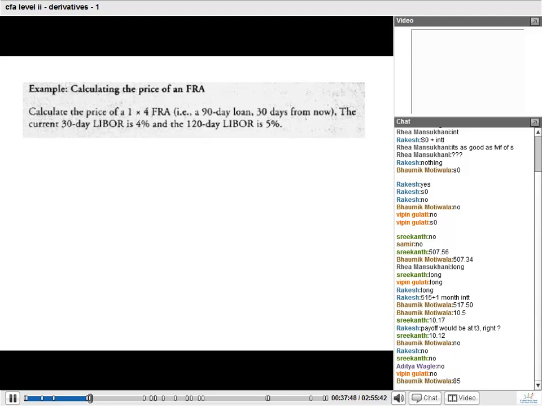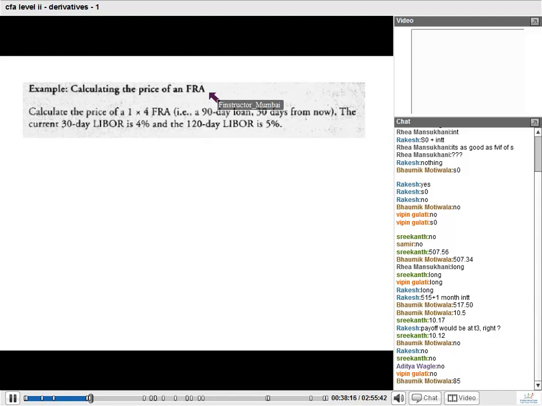Just like you had forwards on stocks, bonds, you can have forwards on interest rates as well. So interest rate forwards are called forward rate agreement. So if you recall, a forward rate agreement is an agreement to lend money and for the other counterparty to borrow money at a pre-decided rate at a pre-decided time.